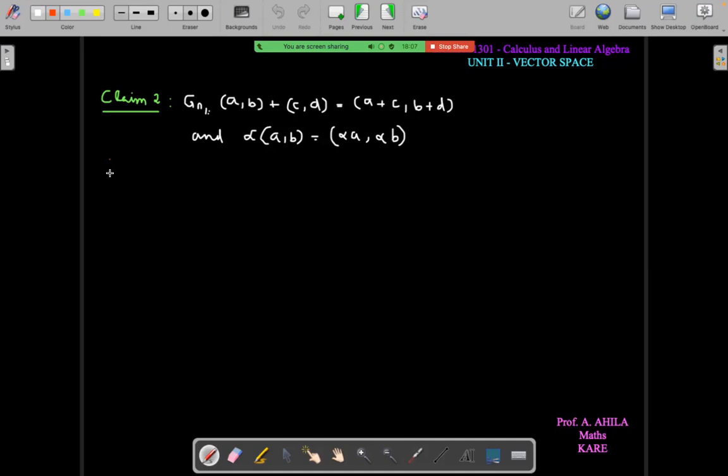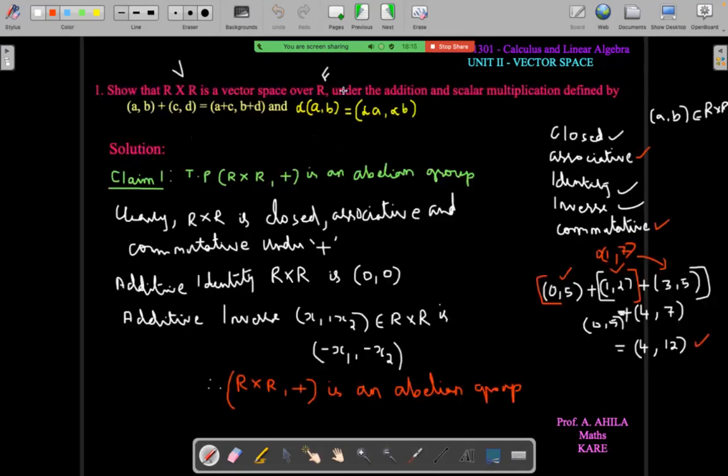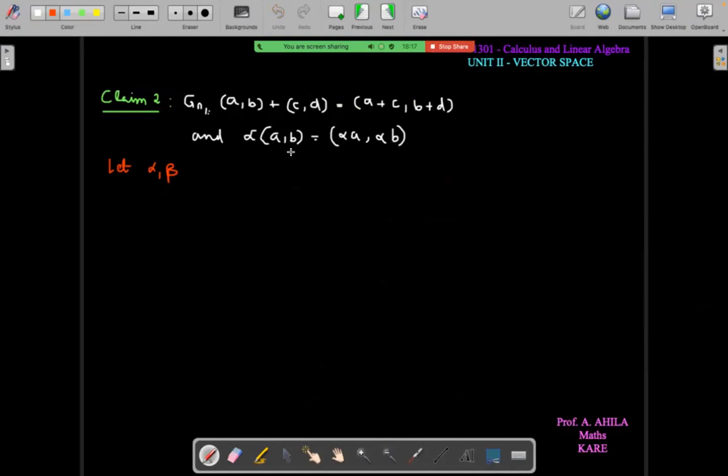Okay, so for that let us consider alpha comma beta belongs to R, here our field is R. R means real numbers.